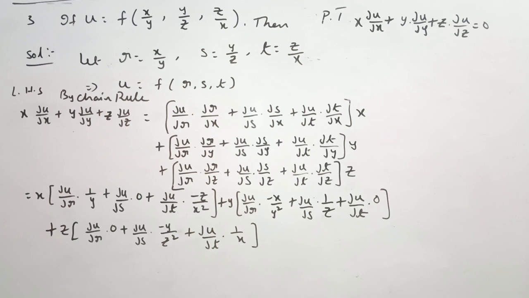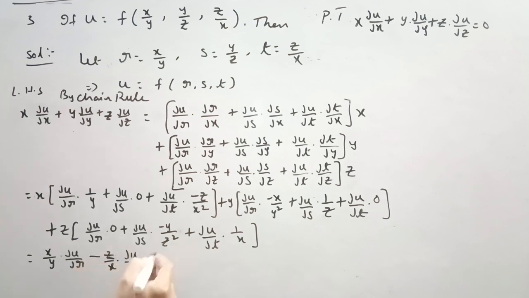Right. Now what we have to do? We have to simplify. See here, if I multiply with x, what I get here is x by y ∂u/∂r. 0 into anything is 0, minus 1x get cancelled, minus z by x ∂u/∂t I am getting here.